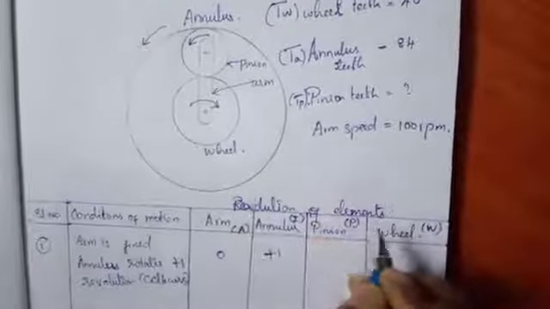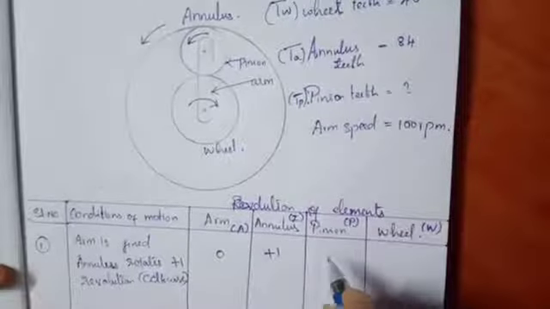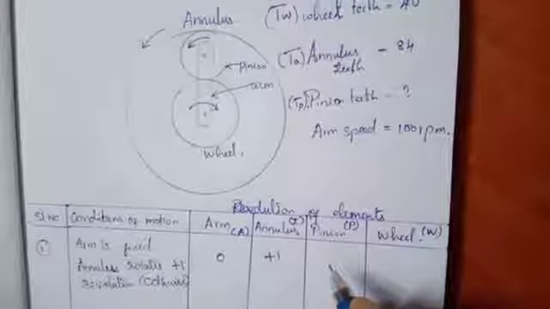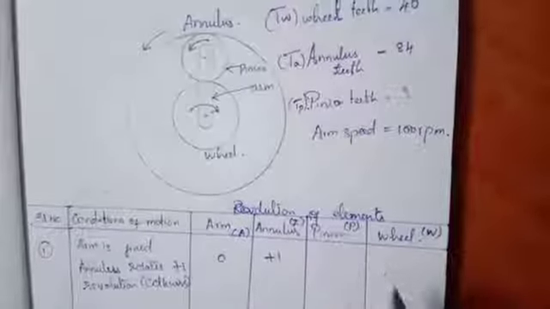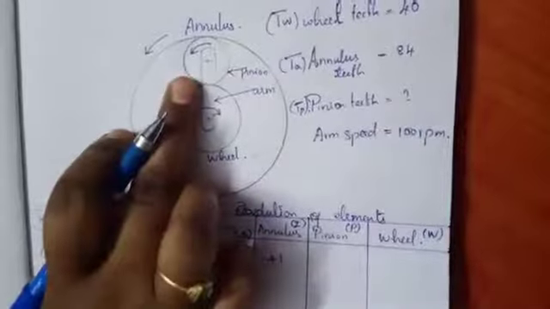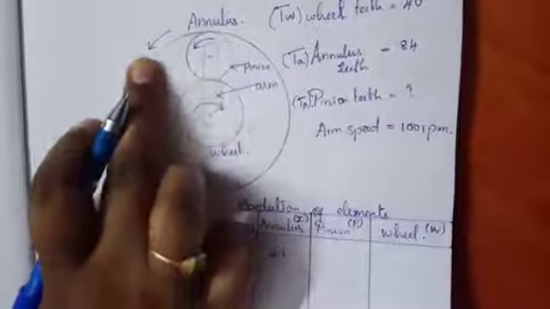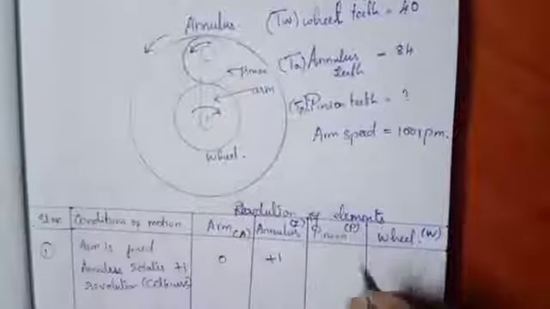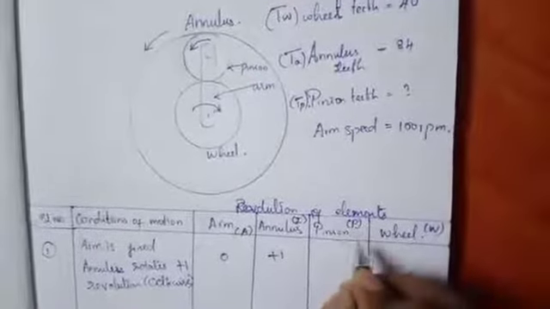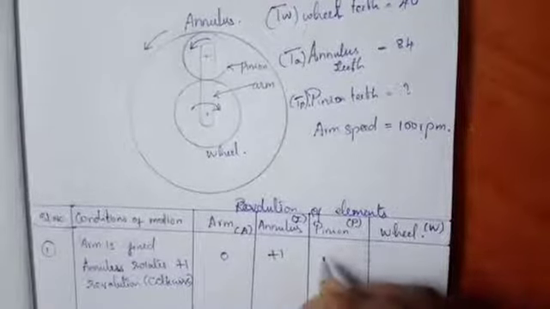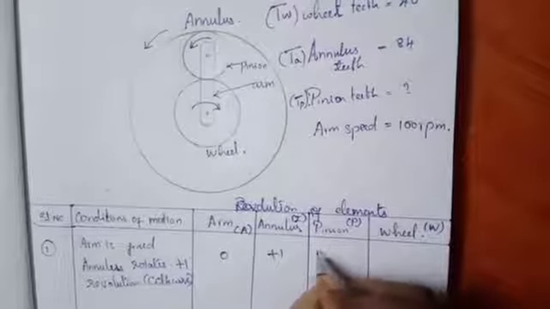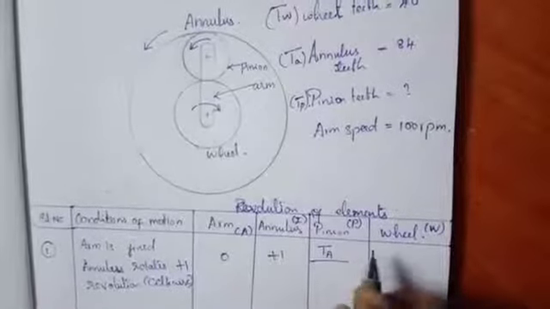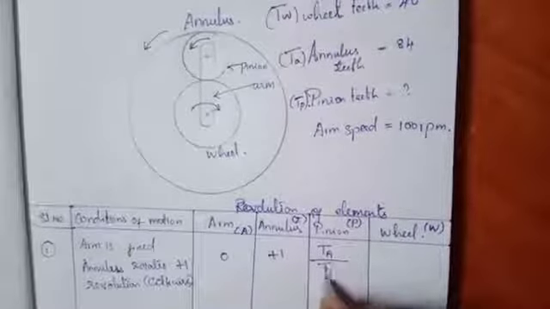So now you have to take based on this. I told you that already. Initially, the one taking the power you give as plus 1. Now go for the pinion. The pinion is your second gear. So the driver is your annulus, and the pinion is your driven.